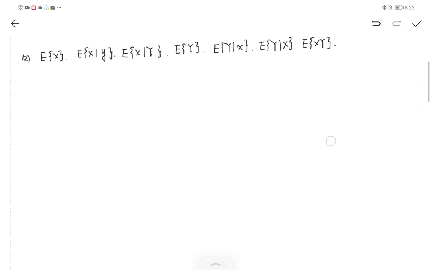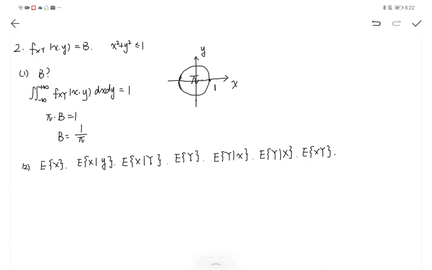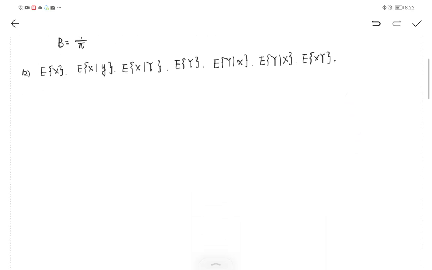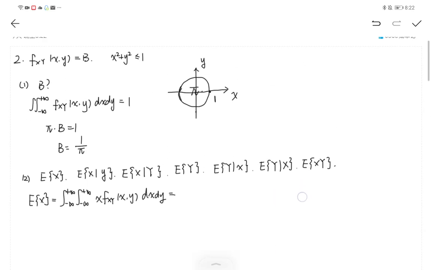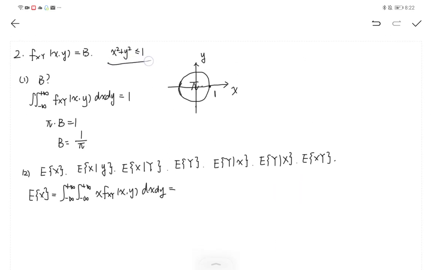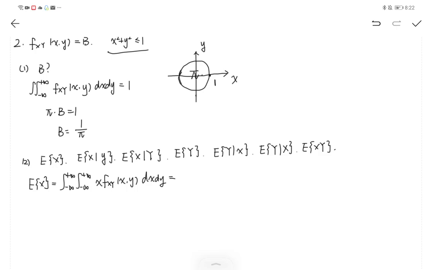Find those expected values. So we have the joint density function, so we can get the expectation of x equals the integral of x times f(x, y), and we know that they have the range, so we can calculate this.